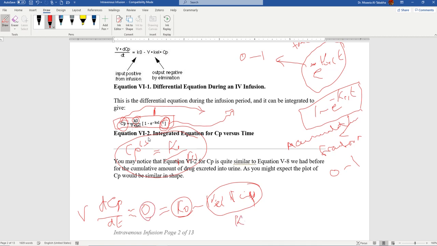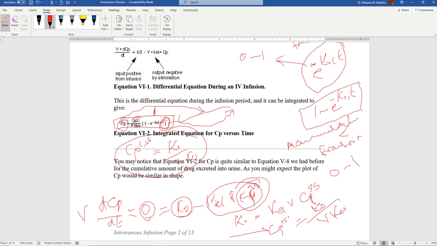So K0 equals KEL times V times CP. Notice that here I should have written CPSS, because this only happens when we reach CPSS. So CPSS equals K0 divided by the clearance, V times KL. So we learned two things: how to calculate the drug concentration at any time using this equation, and how to calculate the steady state concentration.